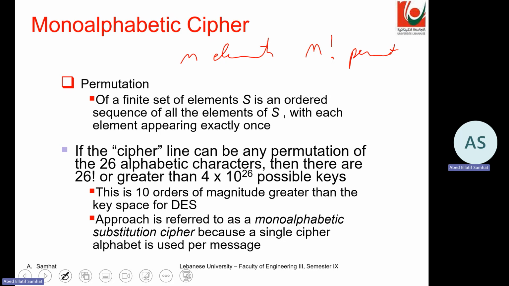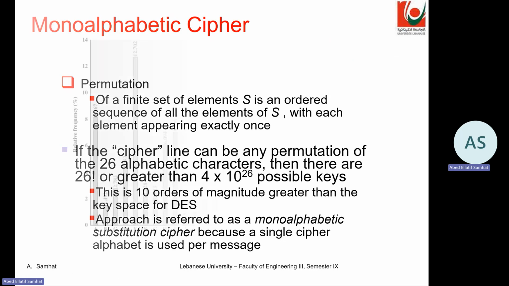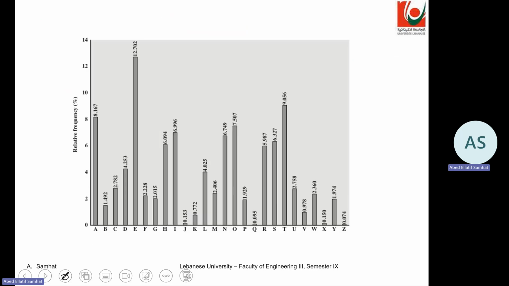And this approach could be applied per message, and we will see together. For example, if you want to find the relative frequency, this is the alphabet. This is one of the information used by the attacker in order to recover the ciphertext, because we are using an alphabet, okay?